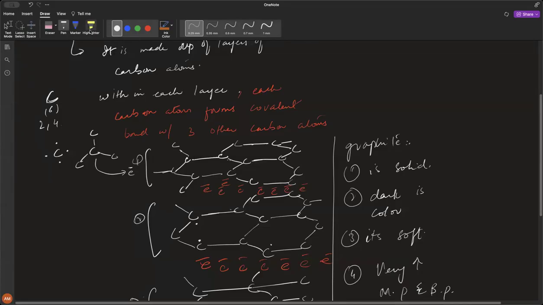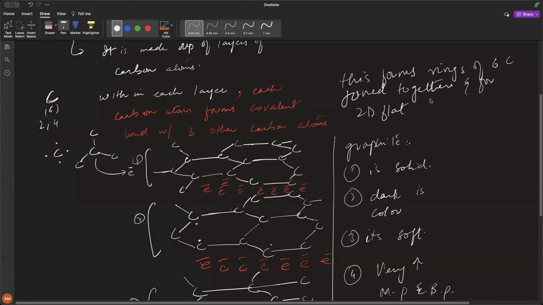So this forms rings of six carbons joined together and forms 2D flat layers. Okay, two-dimensional flat layers.